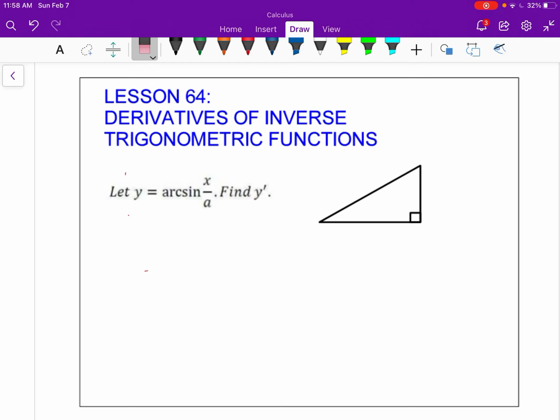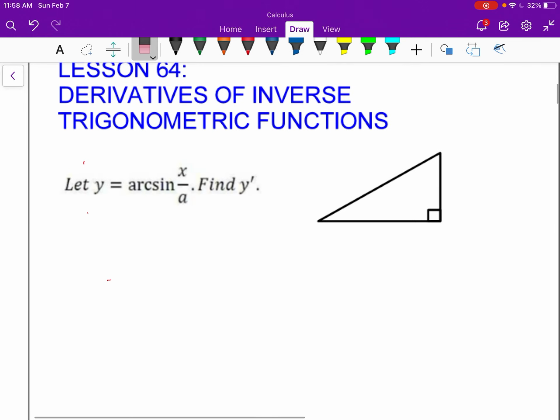We don't know what the derivative of arc sine of x over a is yet, so we're going to find that. So what we need to do first, so we can have it in a more familiar form, is we're going to take the sine of both sides.